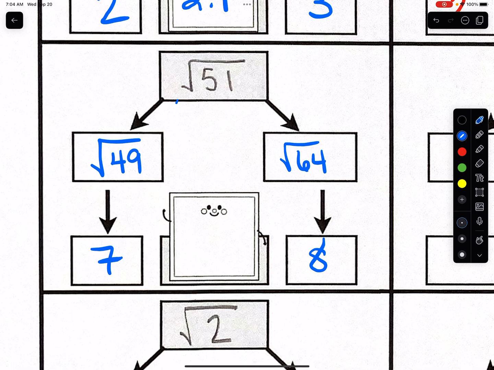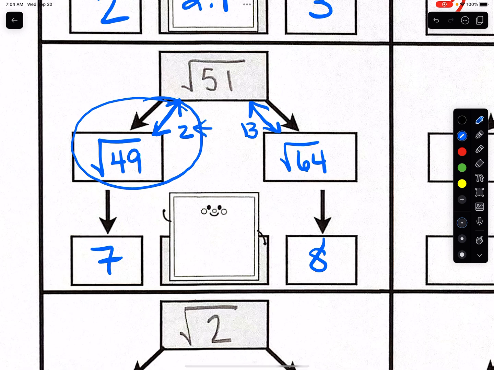I'm going to find the difference between these two numbers under the radicand. 49, 50, 51. So that is a difference of 2. This one has a difference of 64 minus 51, 13. So I can tell that it is closer to 7.